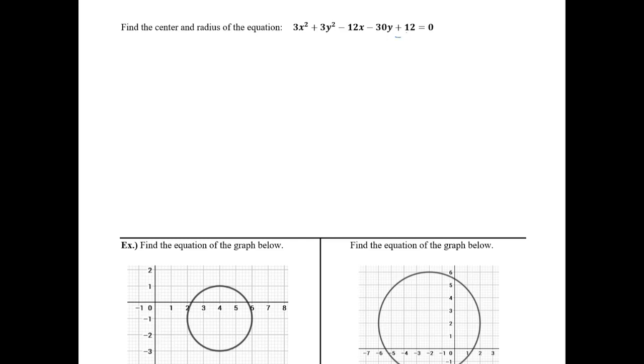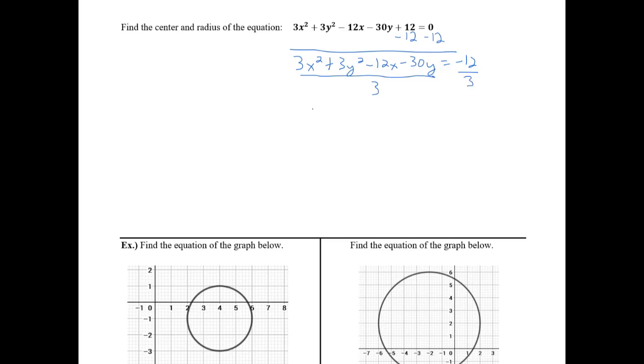So first I'm going to get rid of this constant by subtracting 12 from both sides, because I want only the variable terms on the left-hand side. But then I also notice that we have these coefficients with the x and y squared. I don't want to have any coefficients there, so I need to divide everything by 3, both the left-hand side and the right-hand side of my equation.